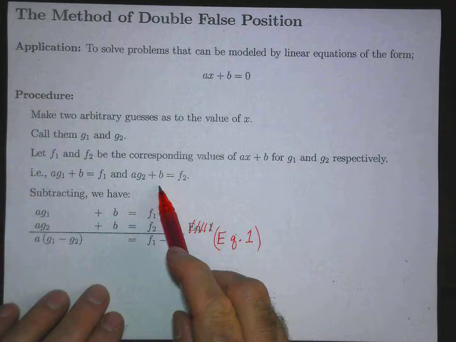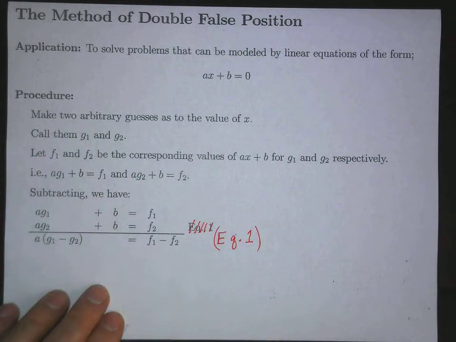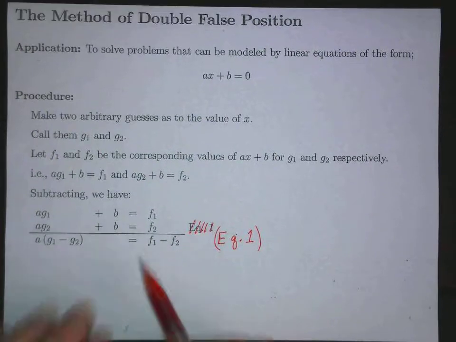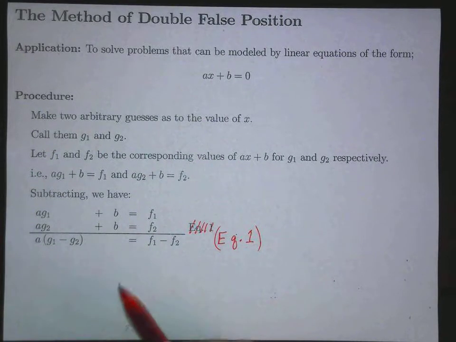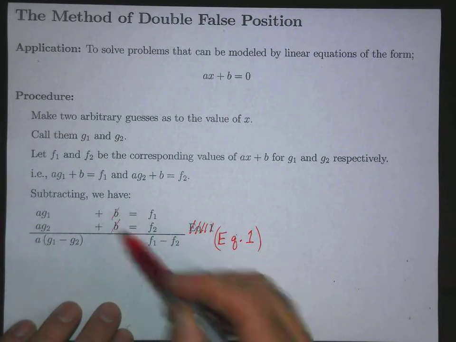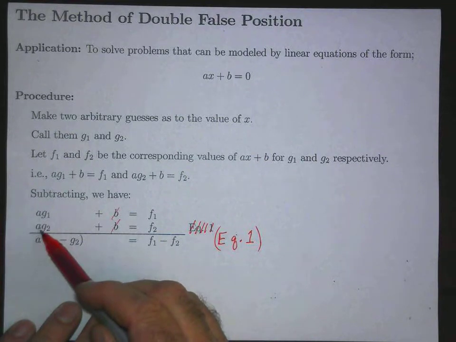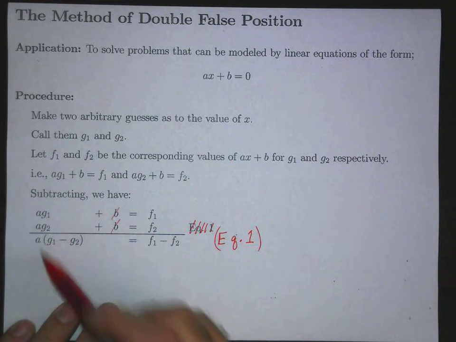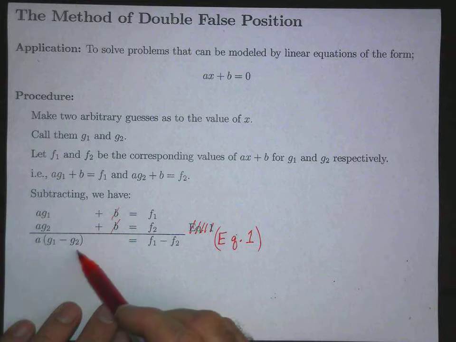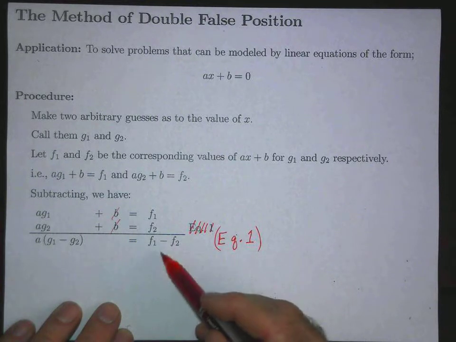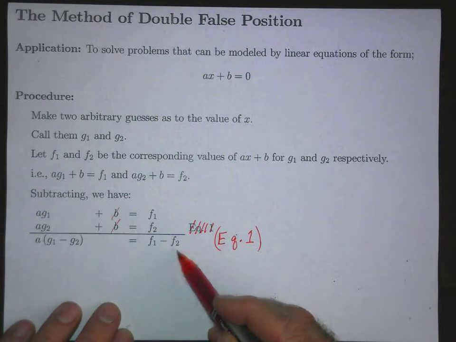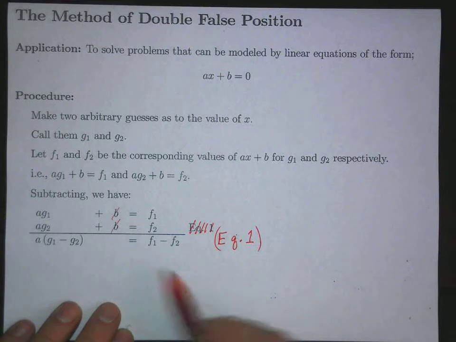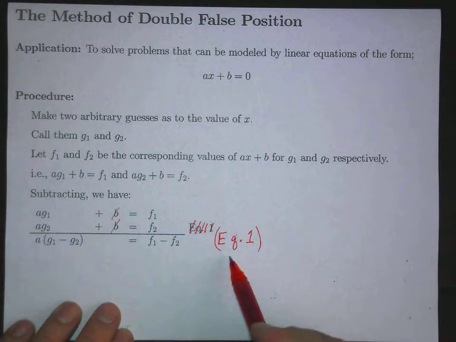And we take the second equation and subtract it from the first, and the b's wipe each other out. And we have a common factor of a here, so a times g1 minus g2. And over here, f1 minus f2. We'll keep this equation 1 in mind for future reference.